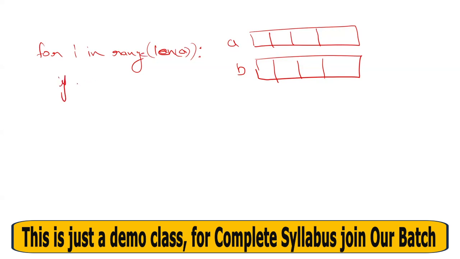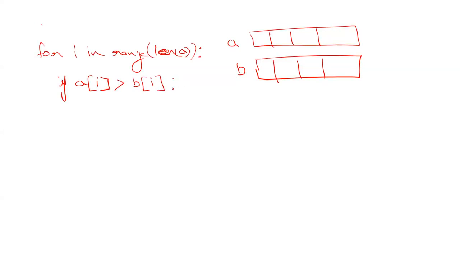If A of I is greater than B of I, then let's take a blank array. Let's take another variable, let's say j is equal to 0.